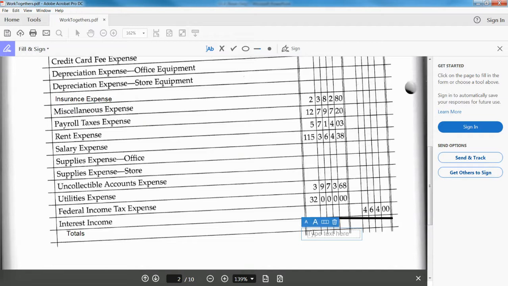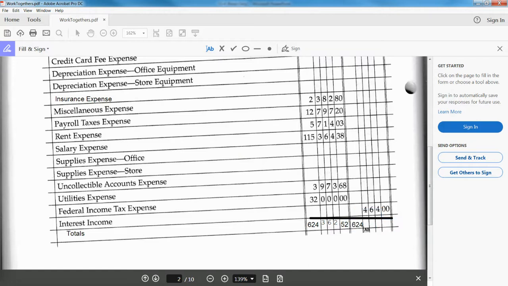And when I add those up, I am going to get $624,362.52. And fortunately, when I add up the credit side, I got the exact same thing.